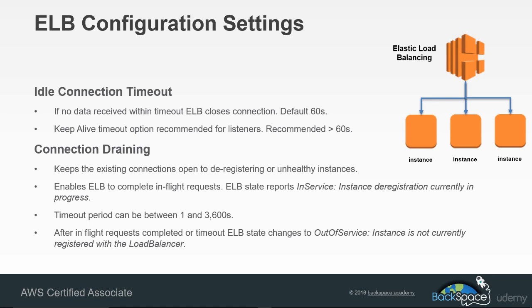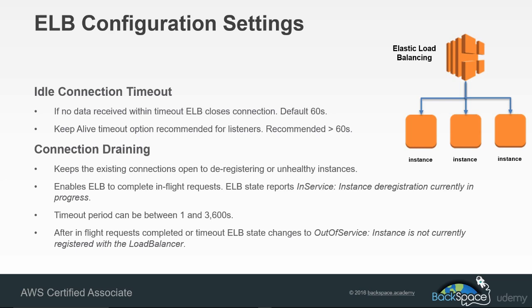While that's occurring, the ELB will report, in service, instance deregistration currently in progress. The timeout period for that can be anywhere between 1 and 3600 seconds. It's just an opportunity to give those instances a chance to respond if they can. Otherwise, it will then close that connection.